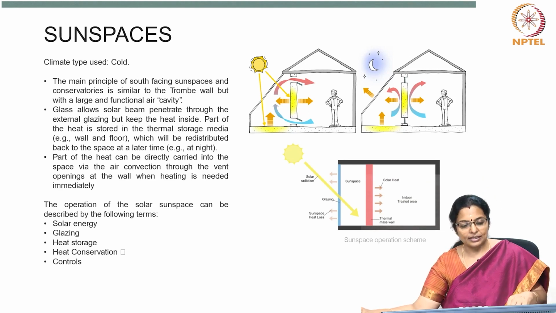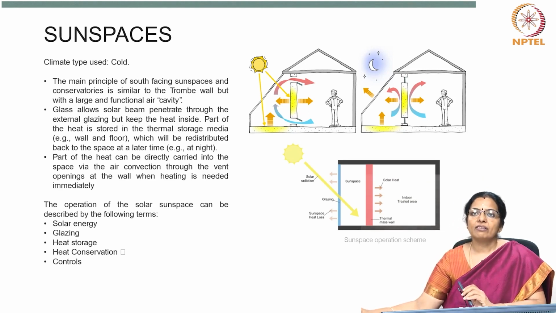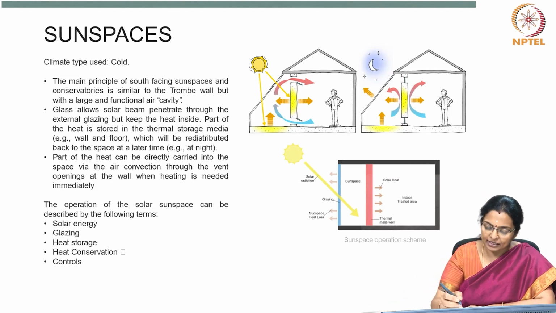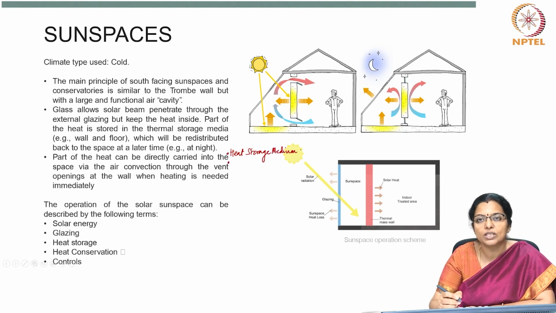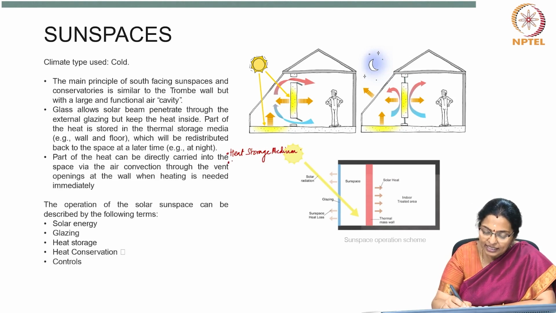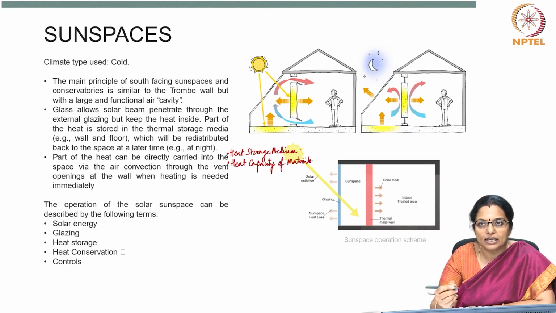So with this slide, we have seen some very important and crucial keywords. Those words are heat storage medium, and I have applied all these terminologies to one advanced passive design, which is a sun space. Then heat capacity of the material, which is a physical property.